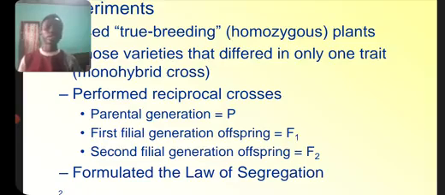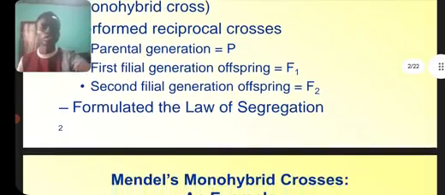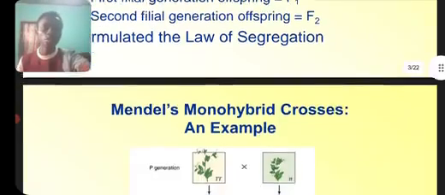He discovered they were the same results he got after crossing male tall plants and female short plants. So he discovered that things like the height of the plant or organism are not sex linked. Then he formulated the law of segregation, which we will look at in further detail as the video goes on.